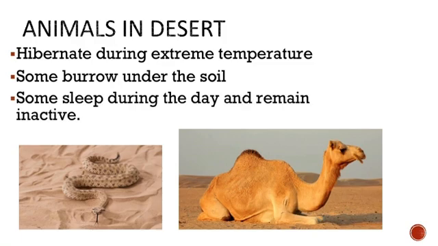The next one is that some sleep during the day and remain inactive. Some desert animals sleep during the day and remain inactive. That is another option. During the daytime the temperature is high, so it is easy to escape from the heat. So they sleep during the daytime and remain inactive, and remain active during the night.